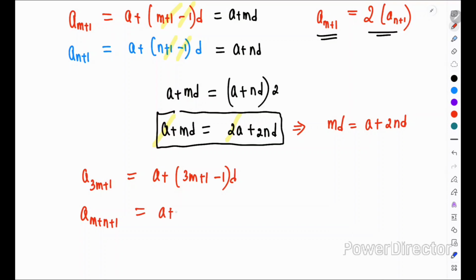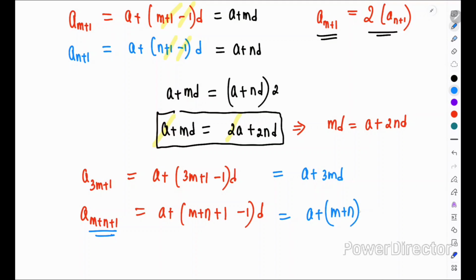So that's nothing but a plus (m plus n plus 1 minus 1), so we are actually replacing this one in place of m. Clear? So what is the final answer that I would get here? a plus 3md. And here what do I get? a plus (m plus n) into d. Why? Because this plus 1 minus 1 cancels, plus 1 minus 1 cancels.